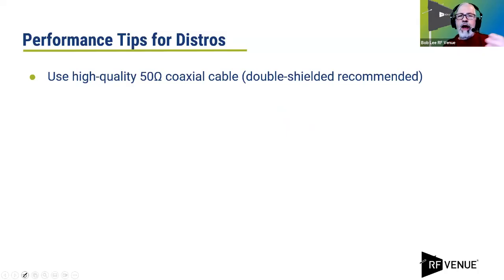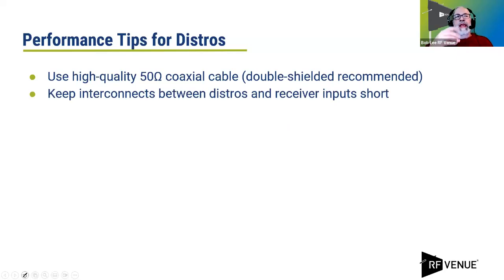There it all goes. Okay, so next tip: keep your interconnects between the distro and the receiver inputs short. Like a foot, maybe 2 feet. If you have a 25-foot long piece of coax cable, you don't want to use that and just have it coiled up outside the rack and then go back into the rack.